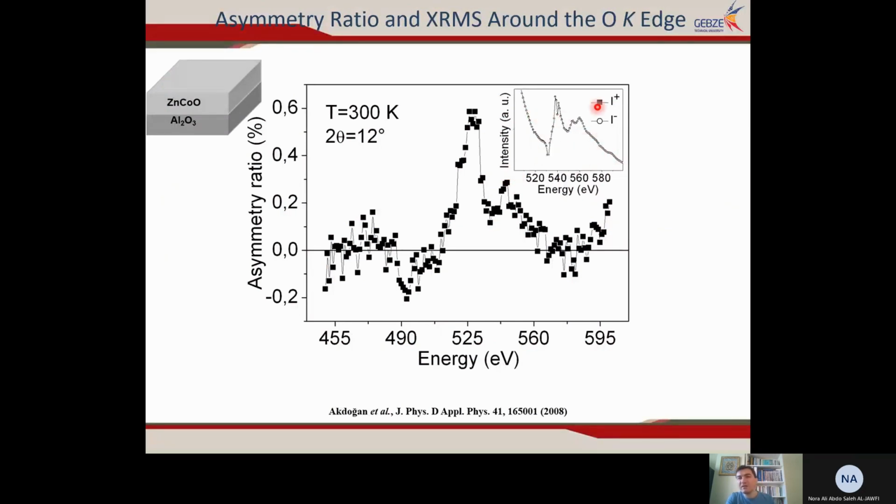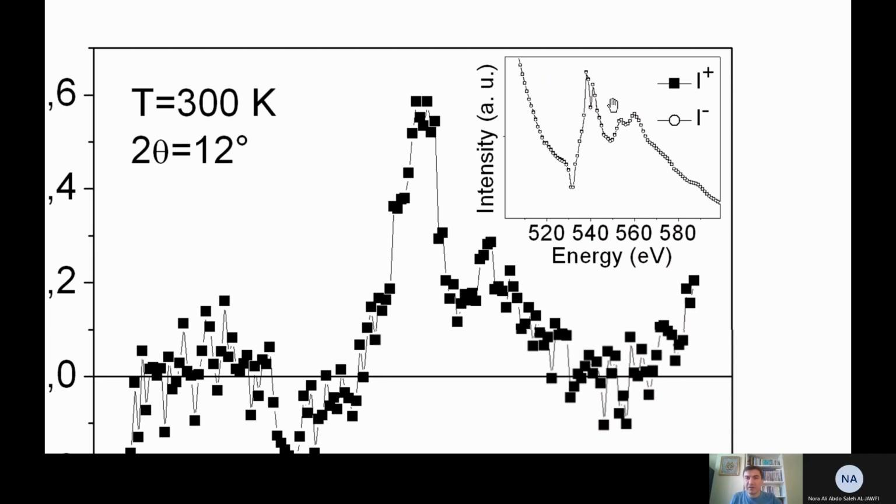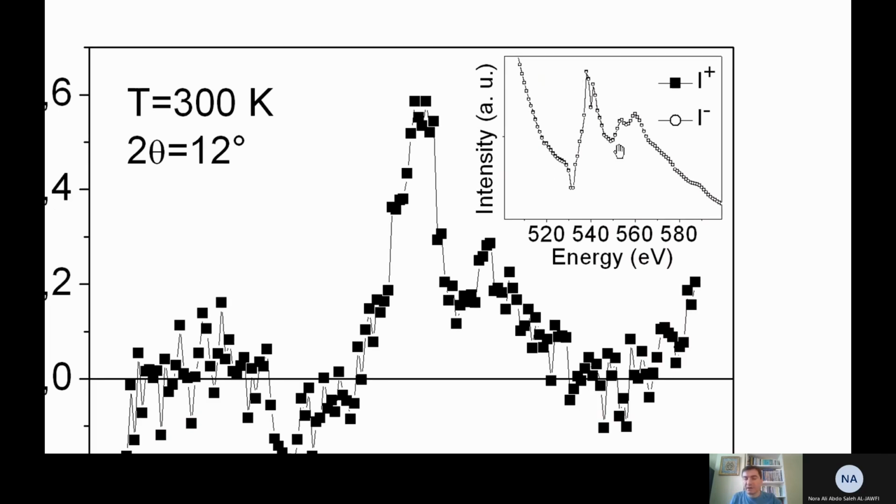So between these two scans, you cannot see any difference. Okay, let me magnify. Here we have two data sets taken for different directions of the magnetic field, but you cannot see any difference.